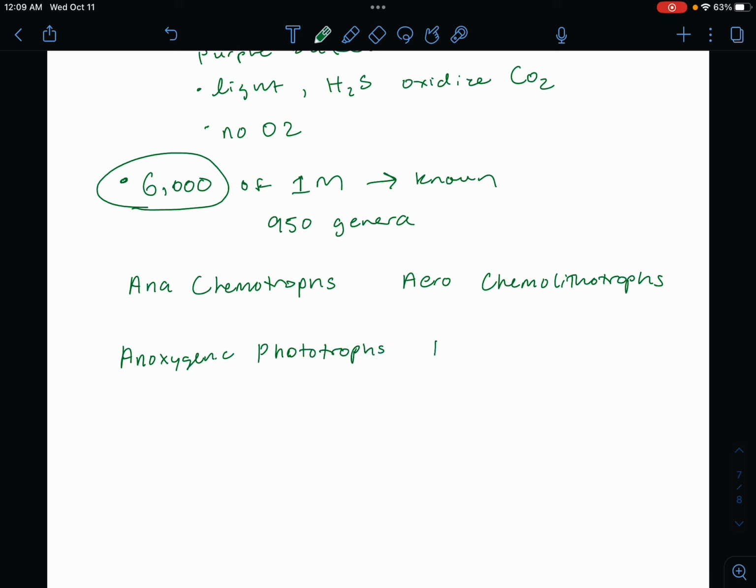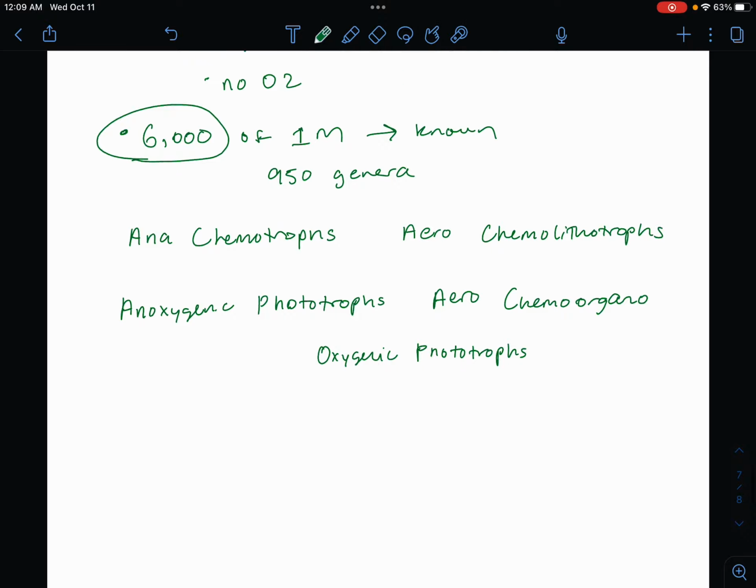Then we have the aerobic chemoorganotrophs. And then finally, we're going to be looking at the oxygenic phototrophs. So basically 5 classes in the metabolic diversity of bacteria that are going to be a focus in this class. So let's get started with the anaerobic chemotrophs.